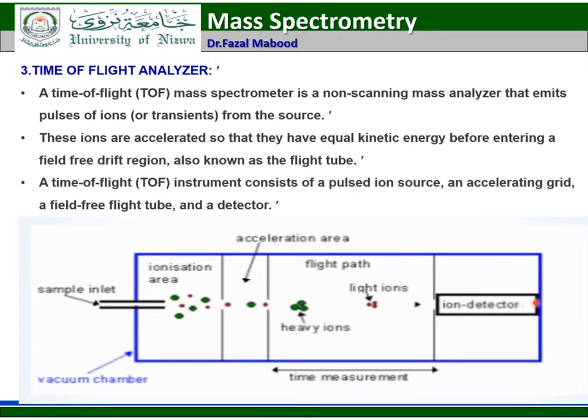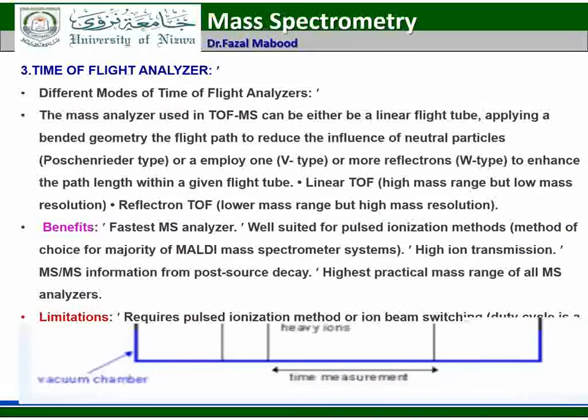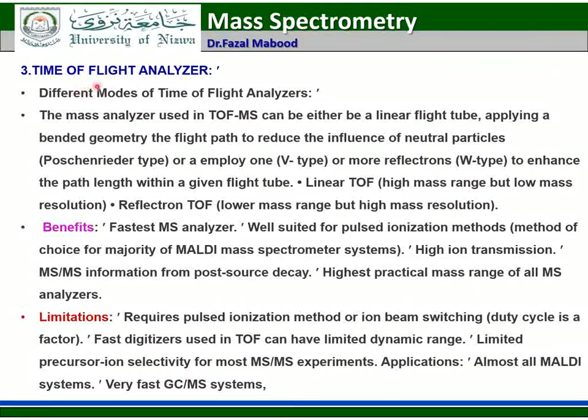Different modes of time of flight analyzer. The mass analyzer used in time of flight can be either a linear flight tube, or apply a geometry that reflects the flight to reduce the influence of neutral particles, or employ V-type or W-type modes. There are different modes of time of flight analyzer.